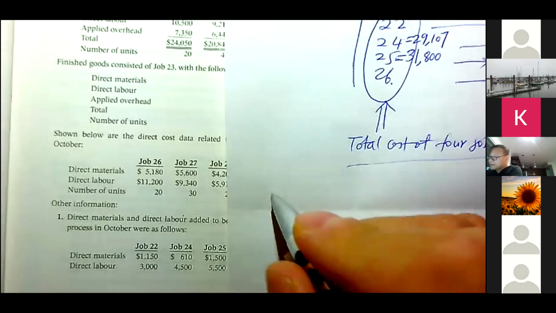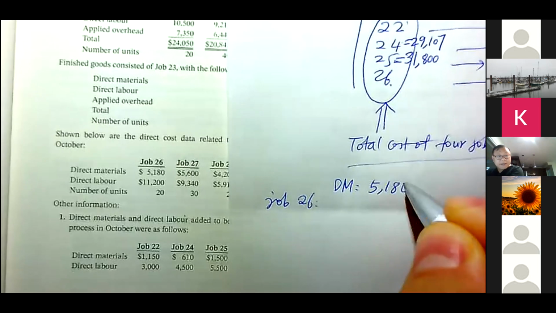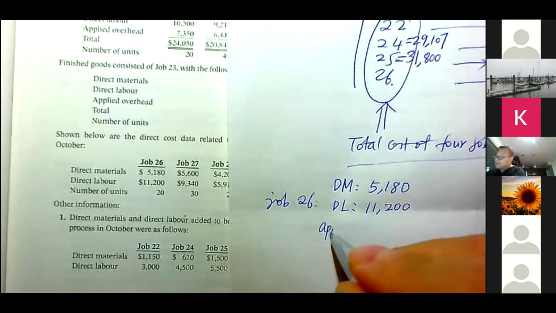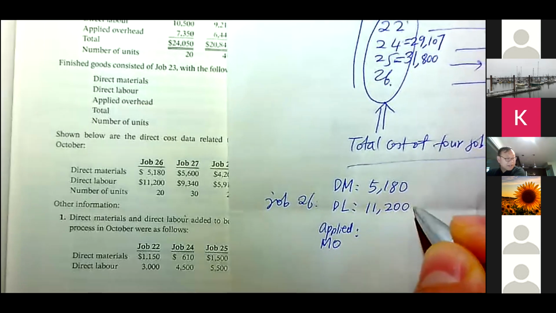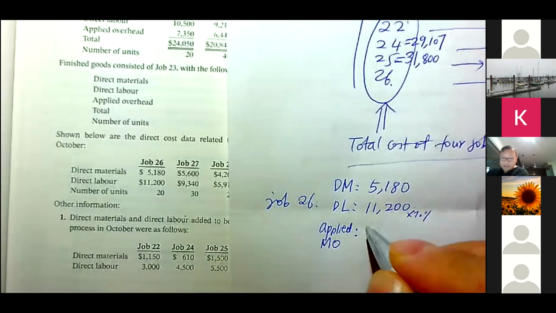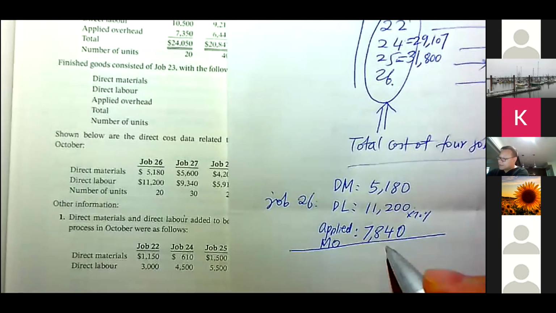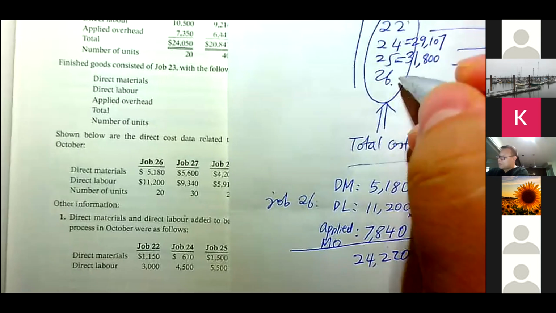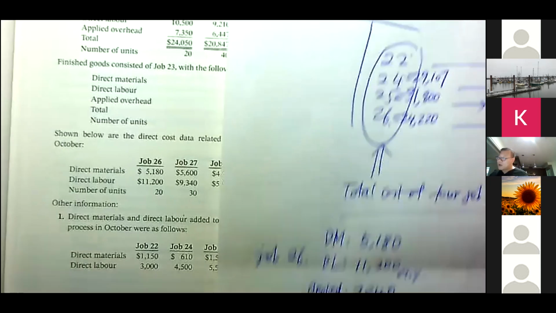For job 26, I have direct materials 5,180, direct labor 1,200, and the applied manufacturing overhead is 70% of direct labor, which is 7,840. So my total for job 26 is 24,220.